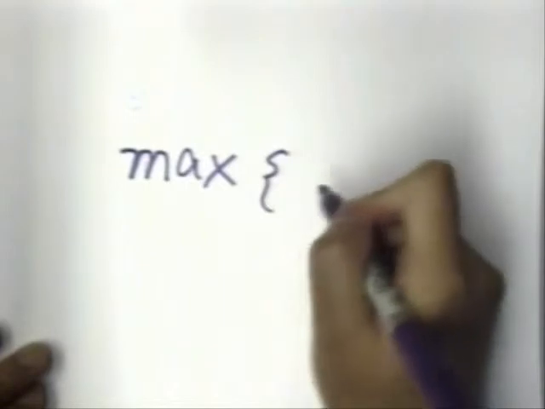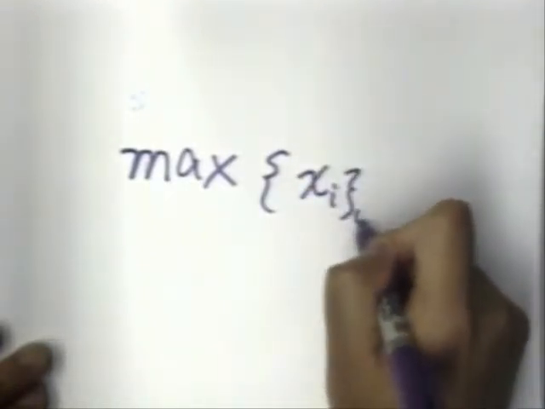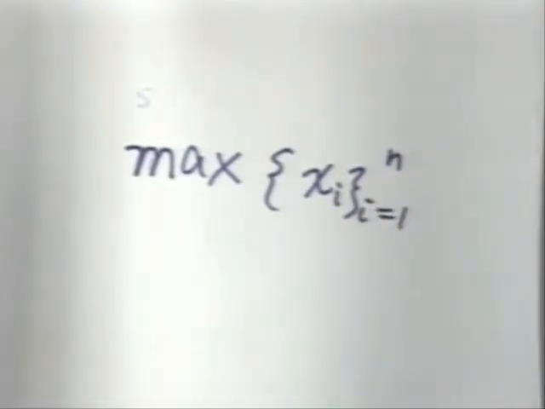How many of you have heard about, for instance, let me see if I have something that I can write down. Okay, so for instance, we have the maximum of some sequence, right? If this sequence is x_i, i from 1 to n, that means I want to find the maximum value of this sequence.